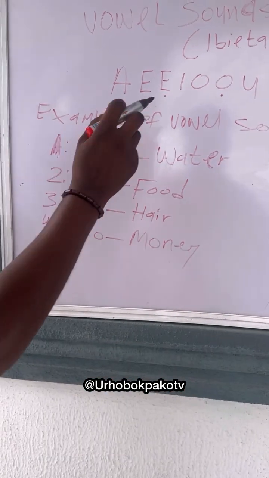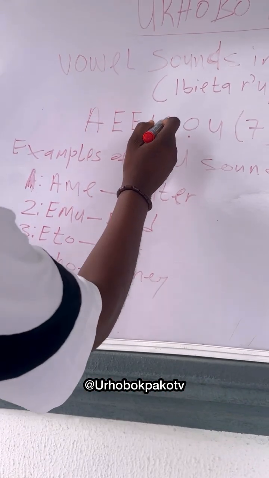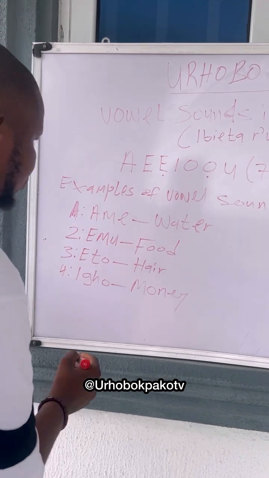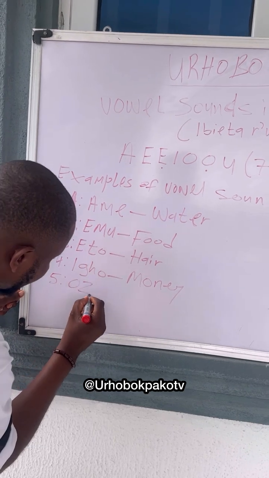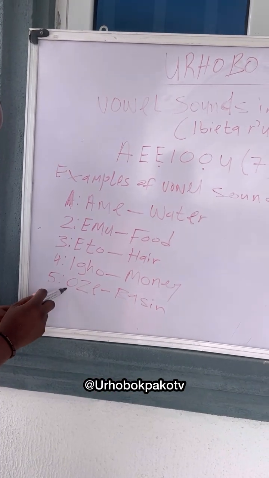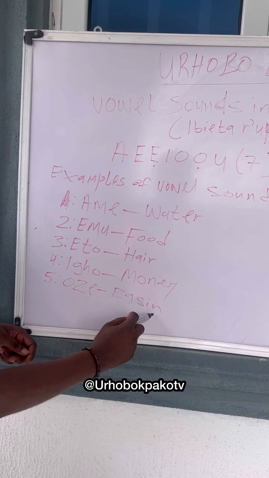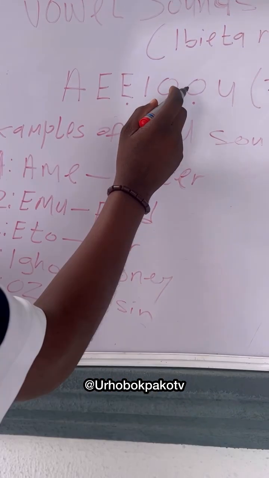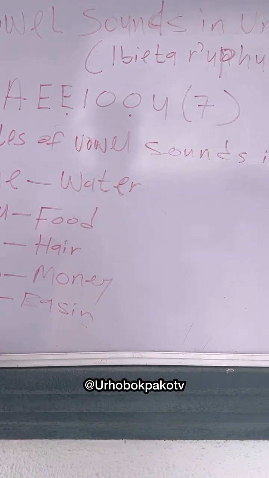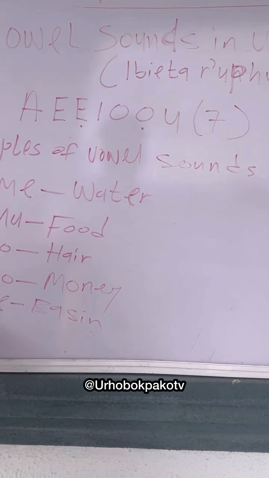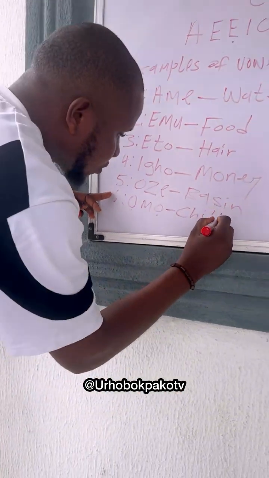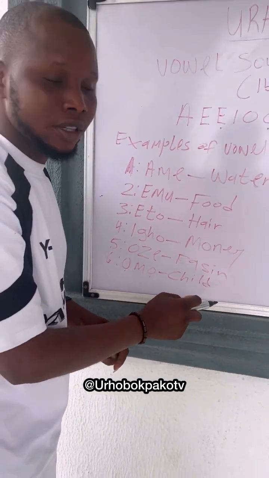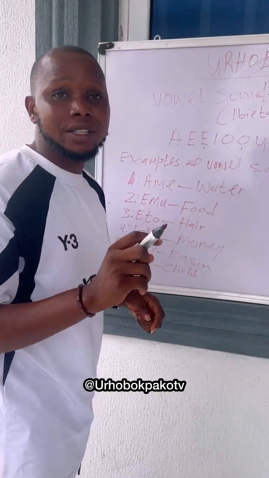Now let's make an example with this O. Oze, basin. Now let's make an example with this other O. Omo, it means child.